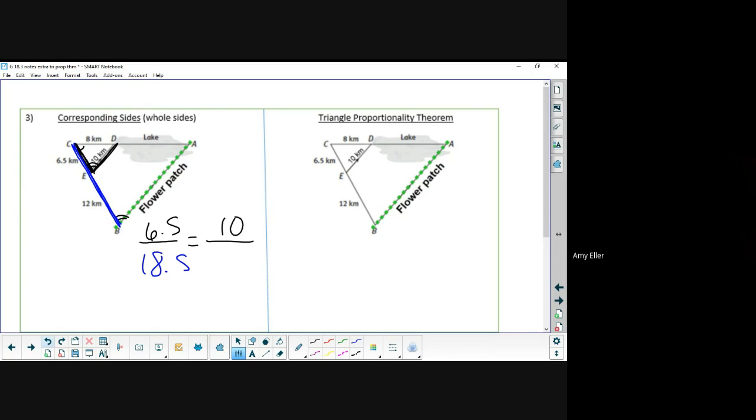I couldn't pick the flower patch yet because I decided to put the small triangle on the top. So I have to pick a small triangle number. And if I pick 8, that goes with the lake, and we don't want that. So that, and this side, we'll call that F. That stands for the flower patch. Go ahead, cross multiply and figure out how long the flower patch is.